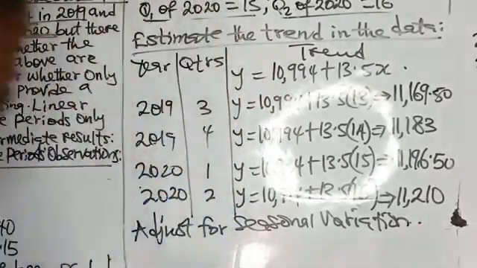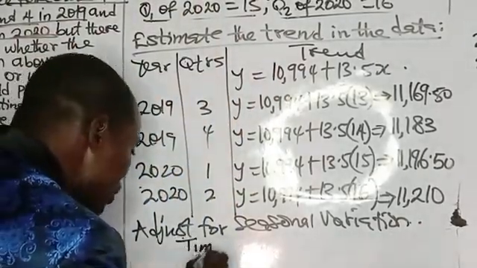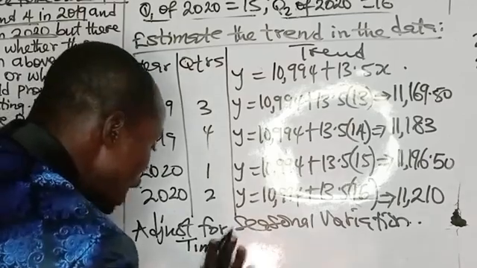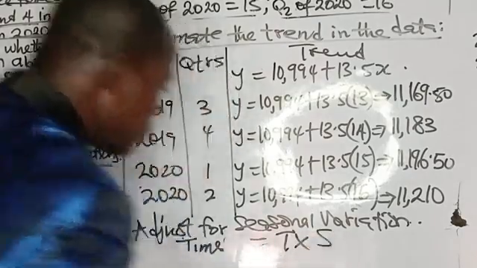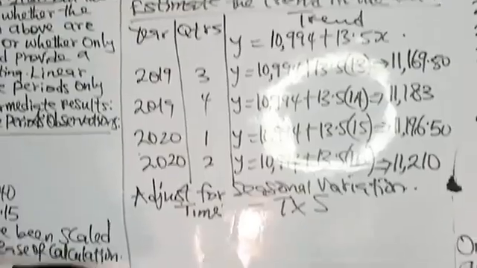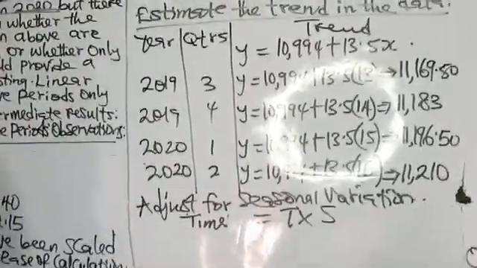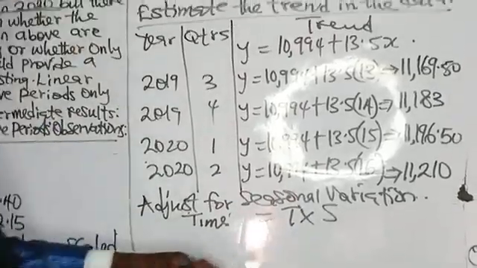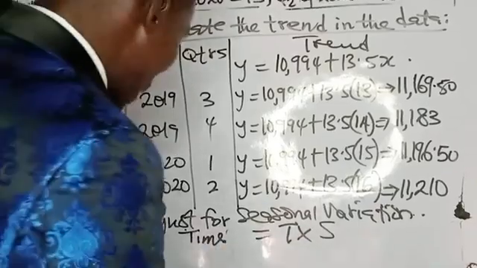Remember, I've told you that time series value equals trend times seasonal variation using the multiplicative model. Remember, the multiplicative model is most appropriate where the seasonal variation is given in percentages.